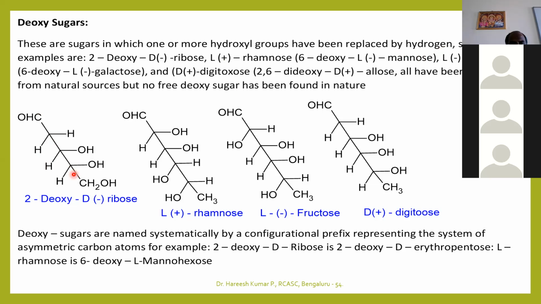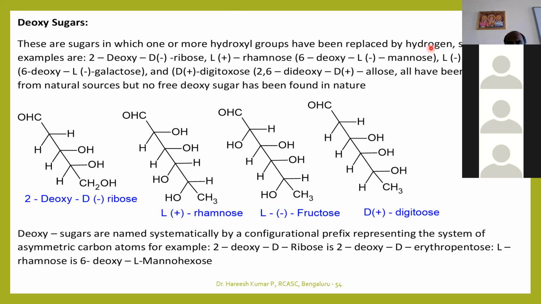You can observe that this is a ribose. Here there should be a hydroxy group, but there is no hydroxy; instead of hydroxy, there is a hydrogen. If there is a replacement of the OH group with hydrogen in hexoses, pentoses or even tetroses, such compounds are called deoxy sugars.